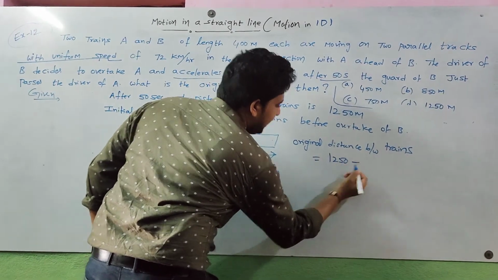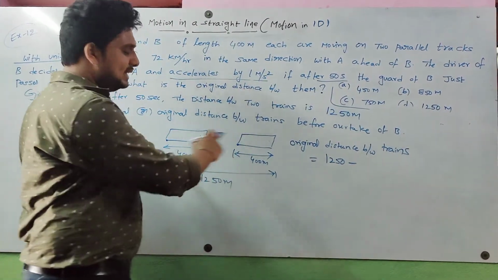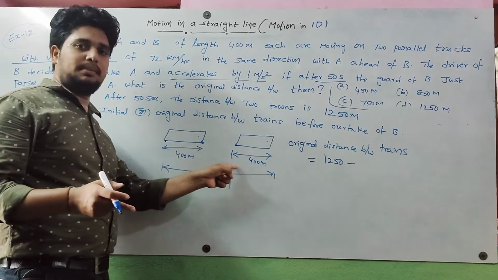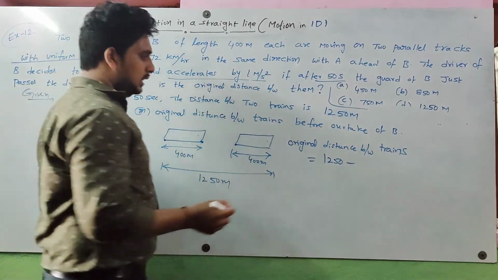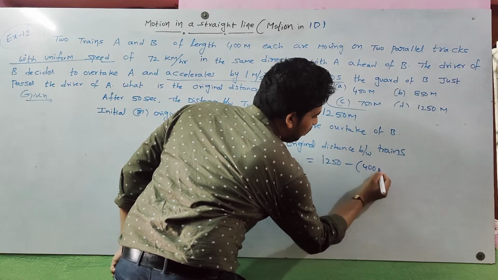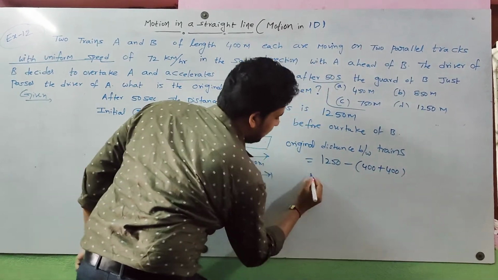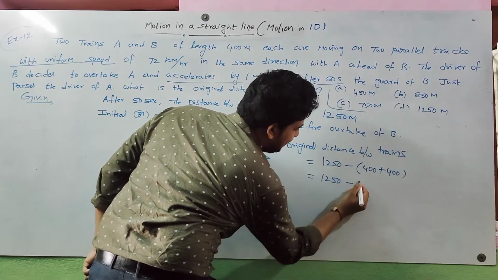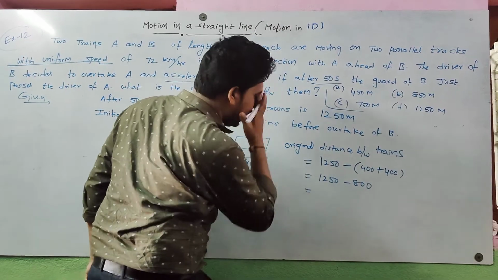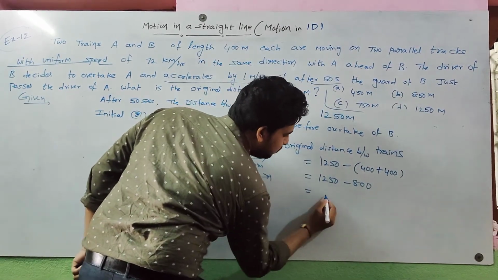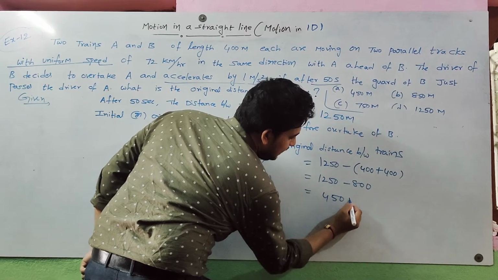The original distance between the trains is 1250 minus these lengths. Two trains having the same length, 400 meters and 400 meters, so both are added: 1250 minus (400 plus 400). Then we got 1250 minus 800, which is 450 meters.